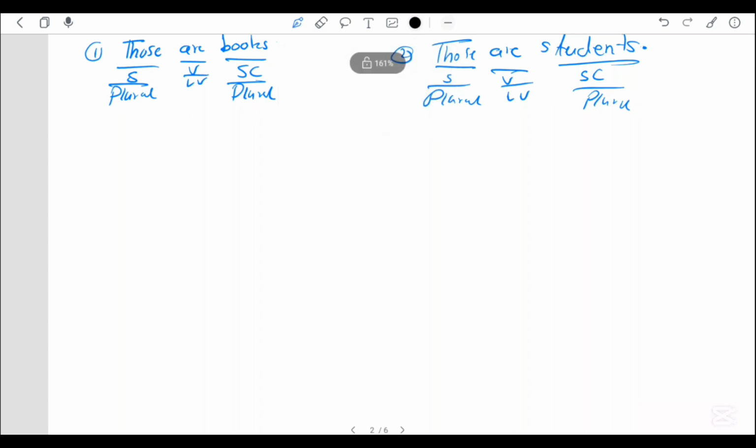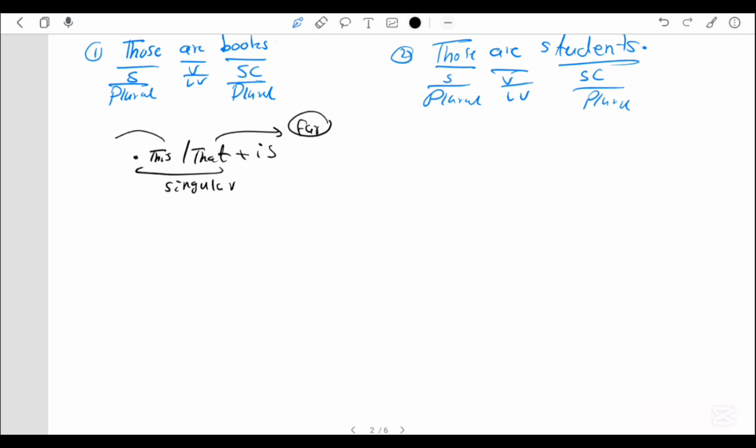So at the end, let's say that this and that we use with is. Both of them are singular. That is used with something which is far. This is used with something which is near.